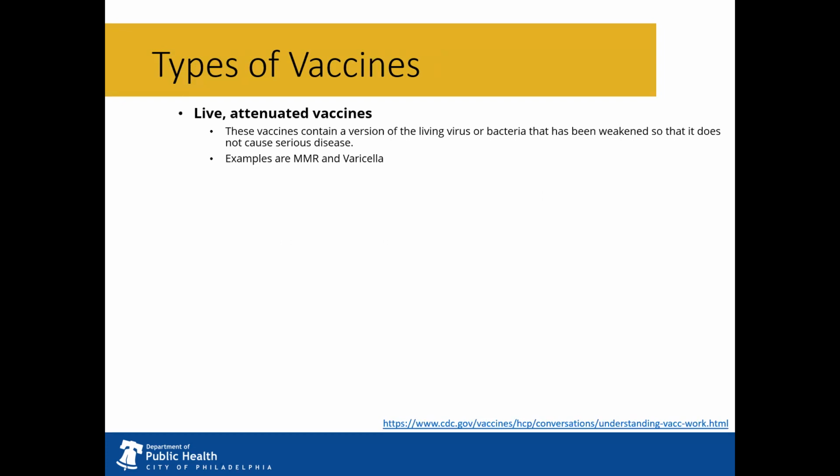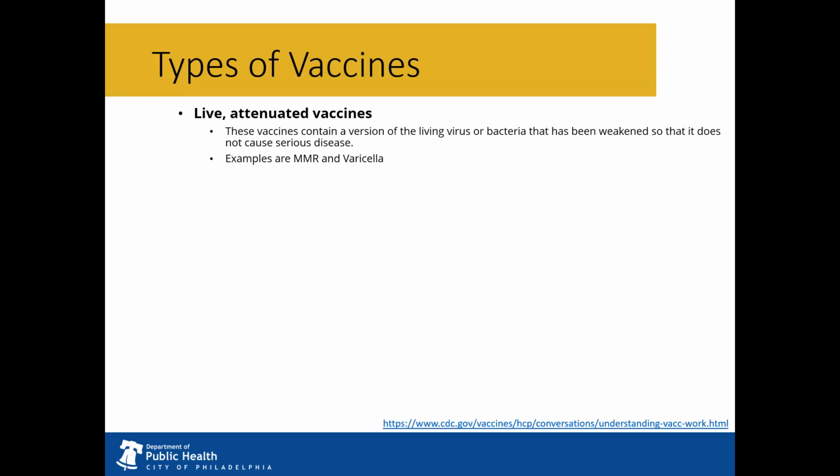The first category is live attenuated vaccines, and these will be the focus of this presentation. They contain a version of the living virus or bacteria that has been weakened so that it does not cause serious disease. Examples are MMR and Varicella.